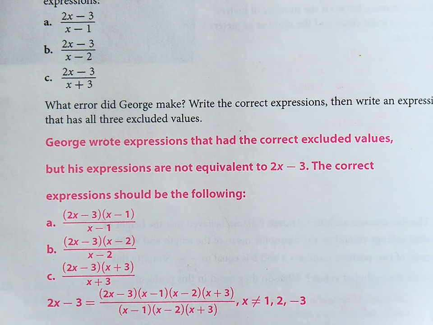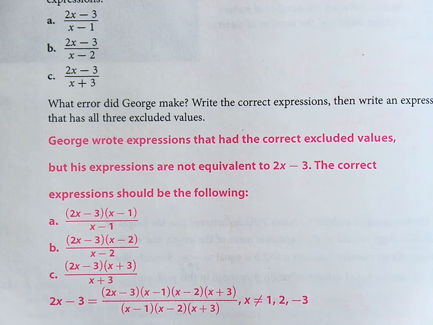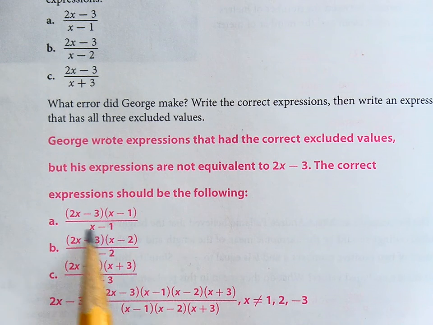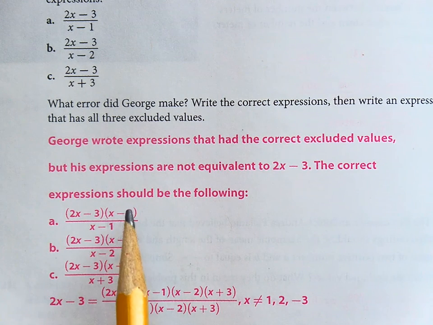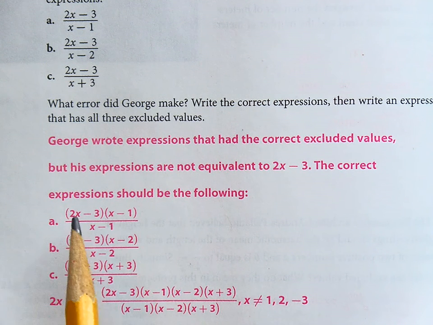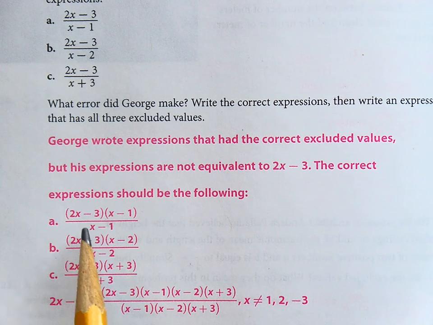Right, so number 30, George wrote expressions that had the correct excluded values, but the expressions are not equivalent to 2x minus 3. The correct expressions should have been as follows. And then again, because this would simplify, giving me this equivalent value.